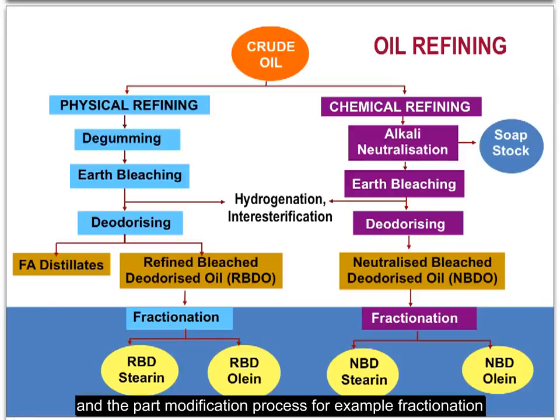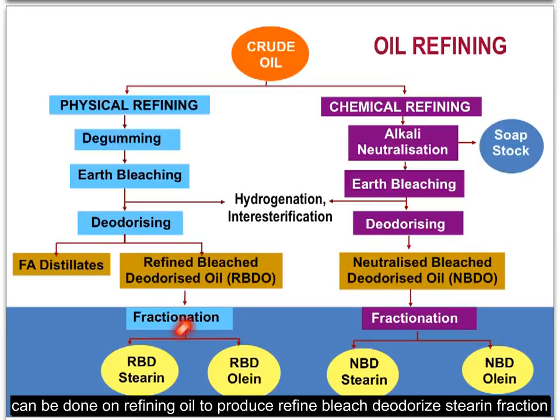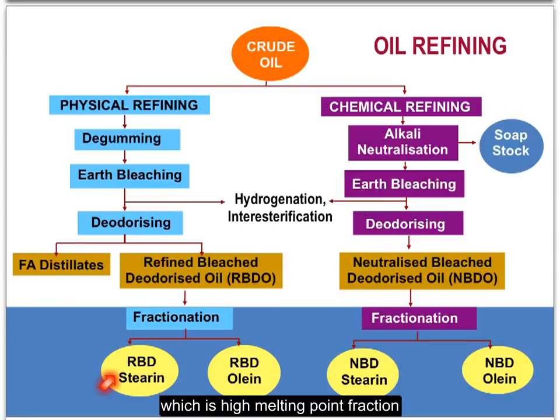And other modification processes, for example fractionation, can be done on the refined oil to produce the refined bleached deodorized stearin fraction, which is the high melting fraction, and refined bleached deodorized olein, which is the low melting fraction.